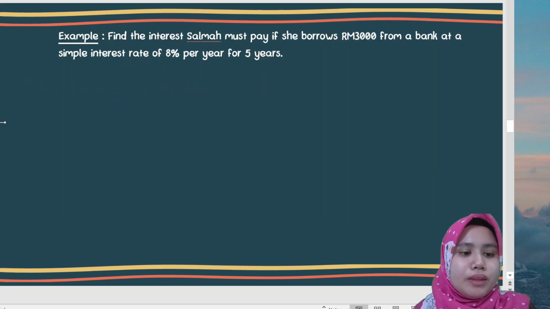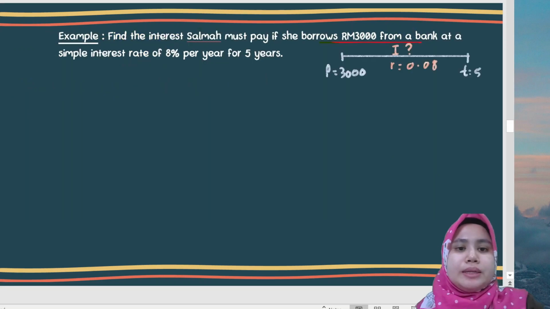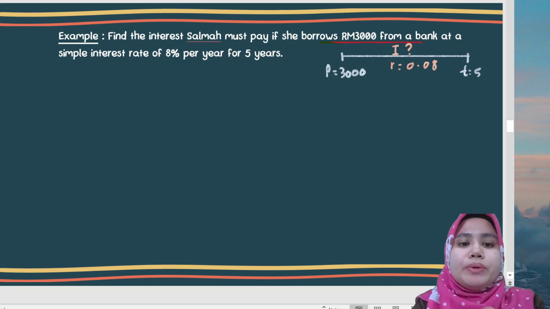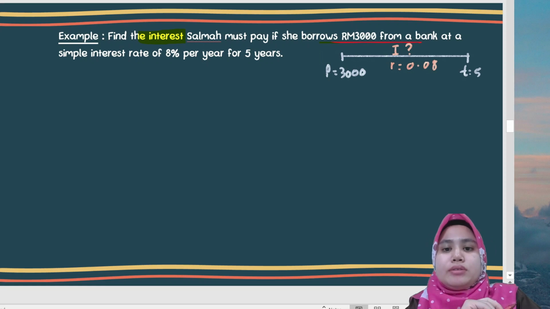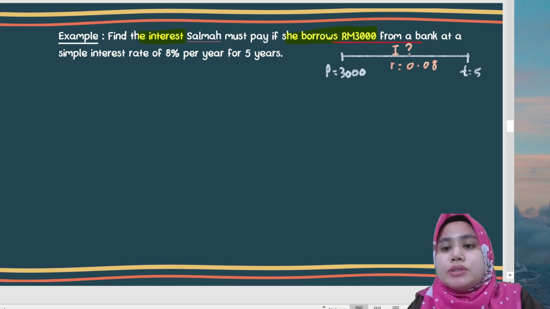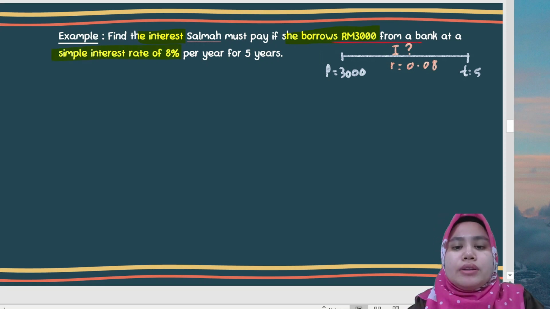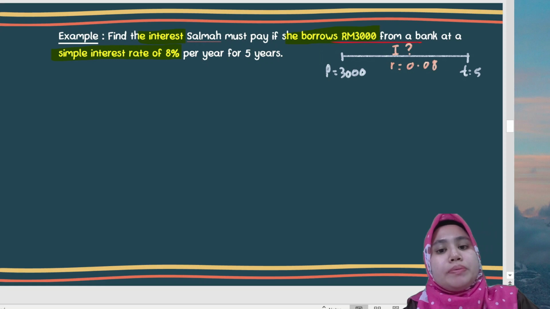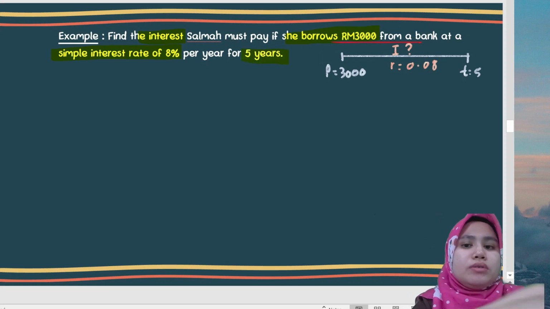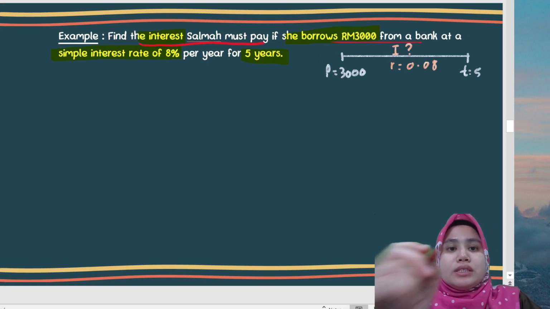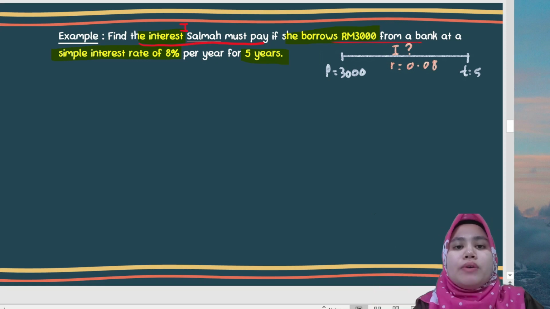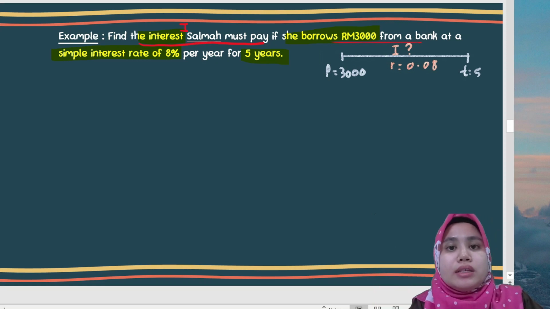Okay, good. The last example for this simple interest part 1. Find the interest Salma must pay if she borrows 3,000 from a bank at a simple interest rate of 8% per year for 5 years. Interest must pay, we learned in the beginning of our lecture, is our capital I. Interest we have 2 types, pay or gain.